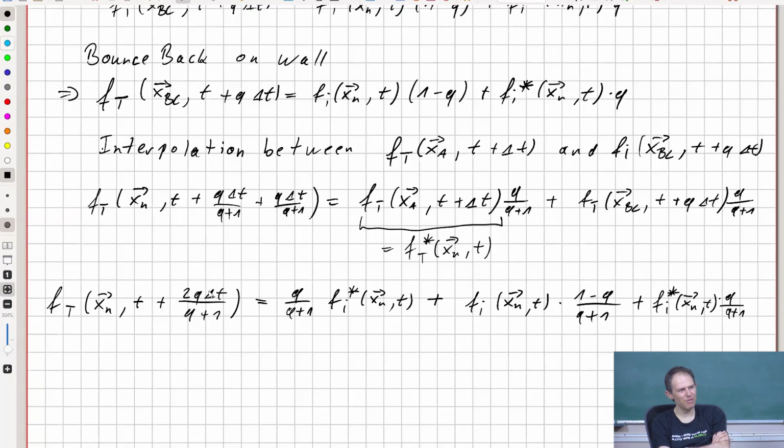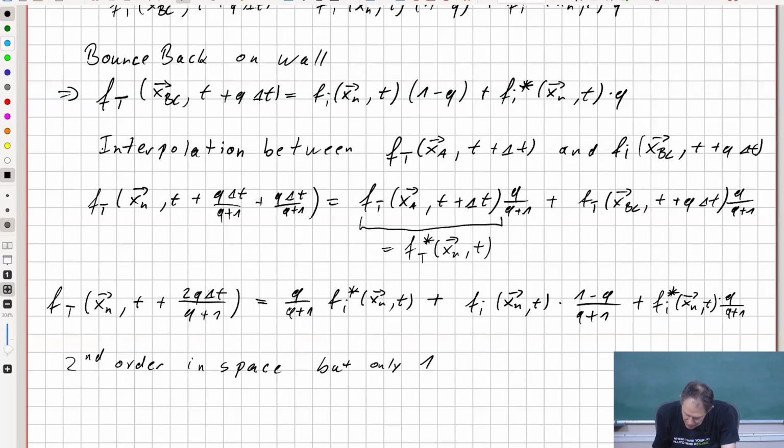So we can place the boundary condition at the right place if we can accept that we place it slightly at the wrong time. Therefore, we say this would be second order accurate, because we use linear interpolation, which is second order accurate in space, but only first order in time.